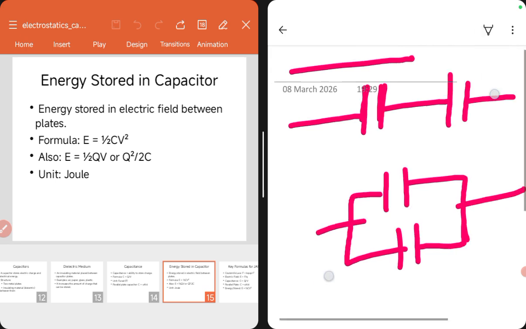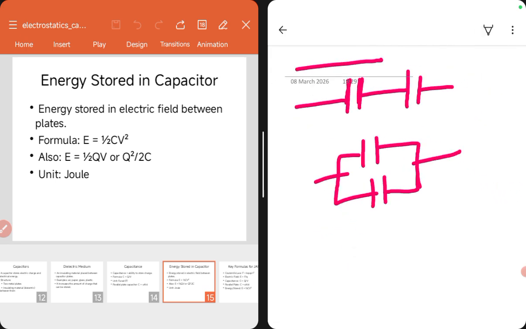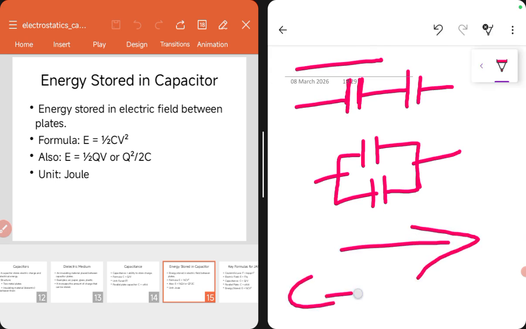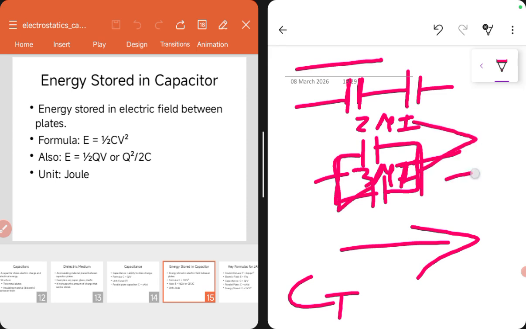So how do I get the effective capacitance of my connection? If they're in parallel like this, let's say this one is 2 microfarad, and here is 3 microfarad. For capacitances in parallel, that's this branching, you add them. So 2 plus 3 will give me 5 microfarad.